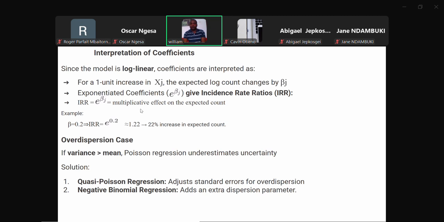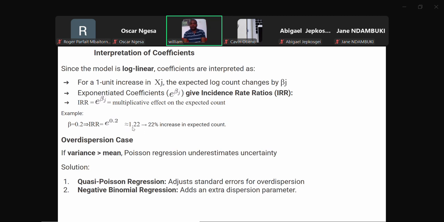So this is just a multiplicative effect on the expected count. For example, if I have a beta 1 of 0.2, to get the incidence rate ratio I take the base of the natural logarithm raised to this power.